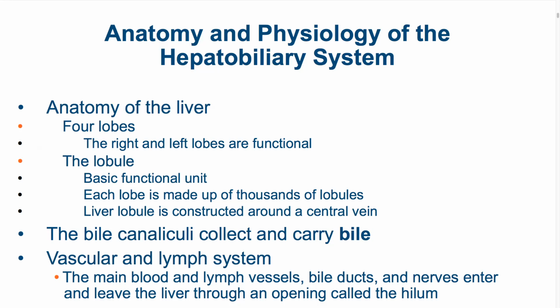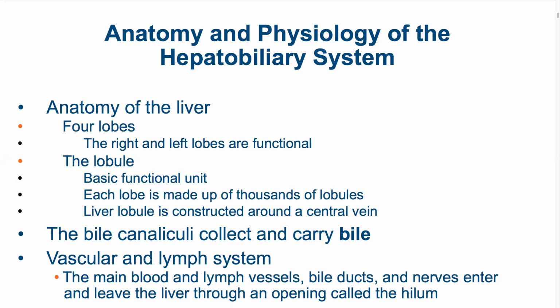The liver lobule is constructed around a central vein and empties into the hepatic vein and then into the vena cava. The lobule is composed of many hepatic cellular plates.